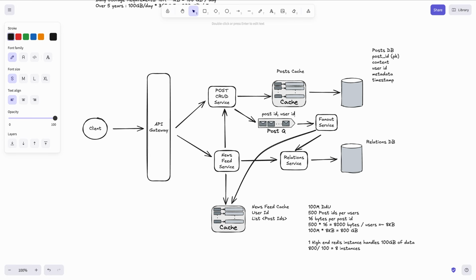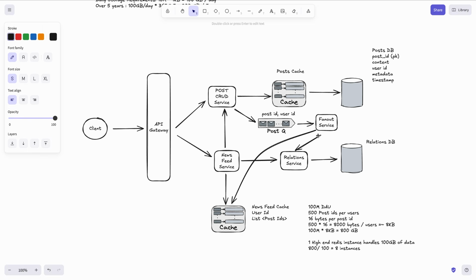Now what happens if our fan out service fails, or the processing fails in between? A message queue should ensure that every message that is sent is persisted in the queue, and if our fan out service goes down, the messages are safely stored. When the service comes back online, it can continue processing the backlog of posts exactly from where it left off.